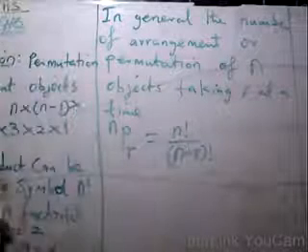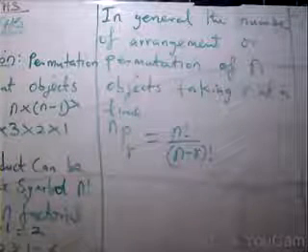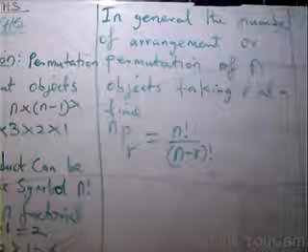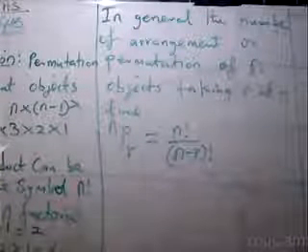So this is the formula that we want to use. That is, we are asked to permutate n objects taken R at a time. The answer is going to be n factorial over n minus R factorial.